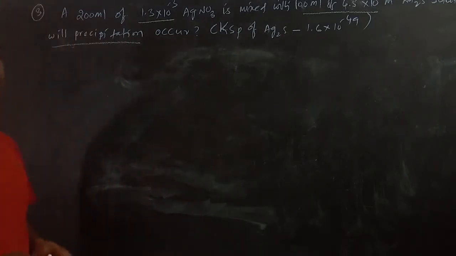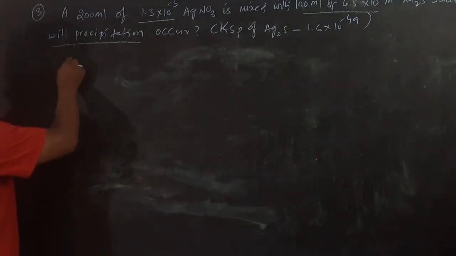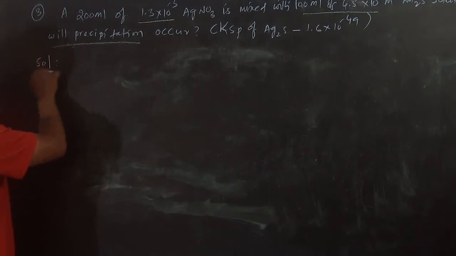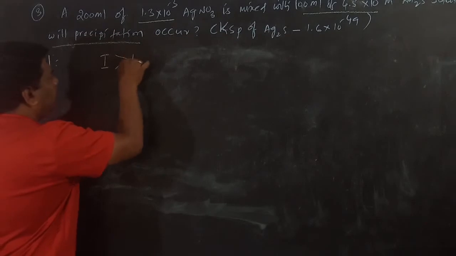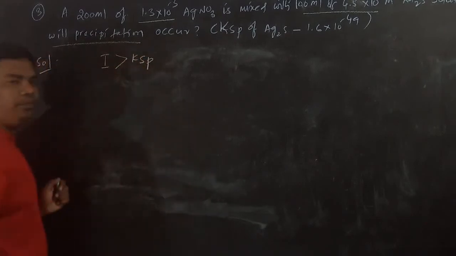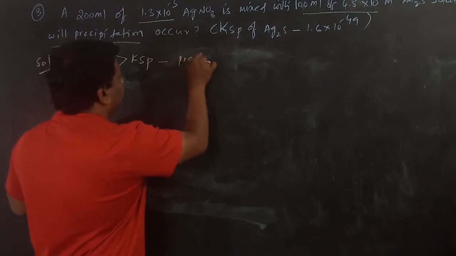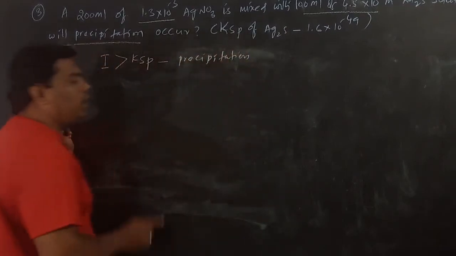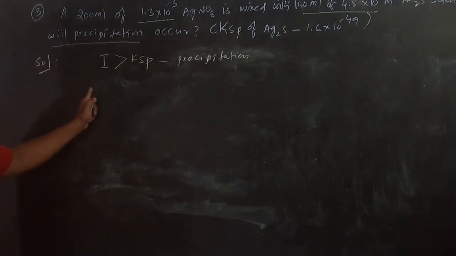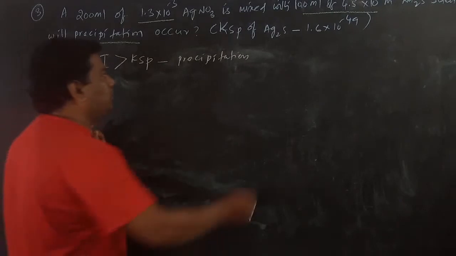Generally, the condition for the formation of a precipitate is that the ionic product is greater than the solubility product. In this case the precipitation will occur.